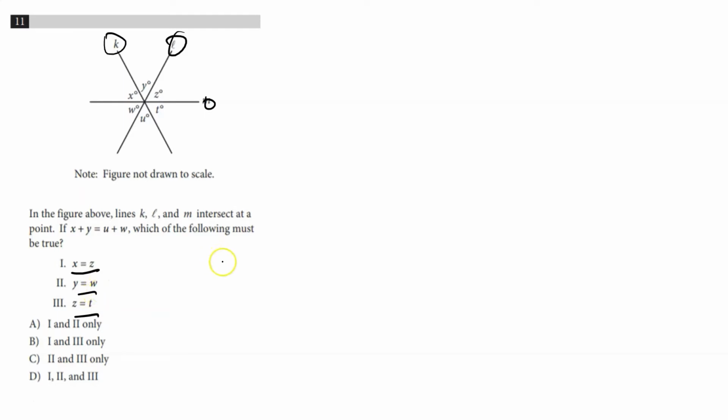Okay, so these angles here, y and u, they're vertical angles, and by the vertical angle theorem, vertical angles are equal. So we have that y equals u. Thus, we can substitute this in the equation x plus y equals u plus w.